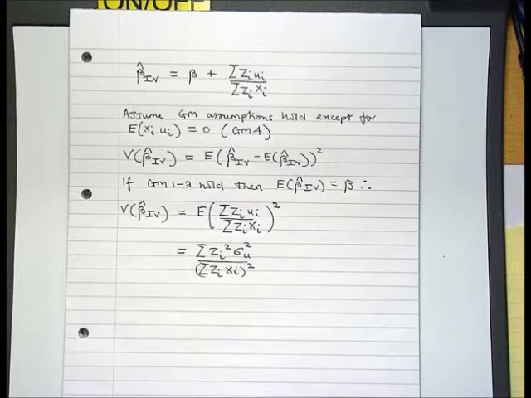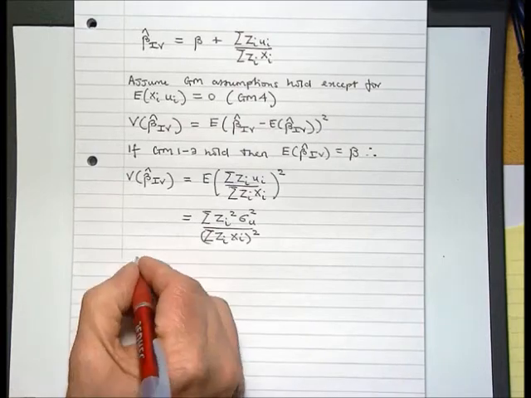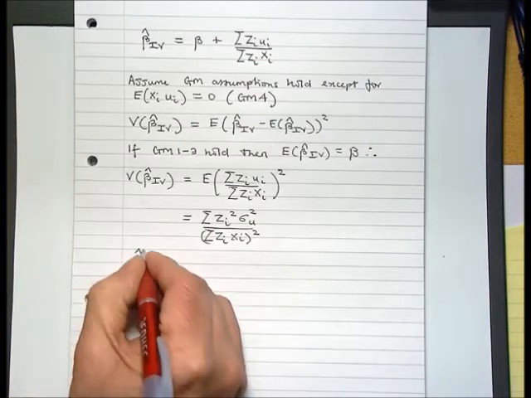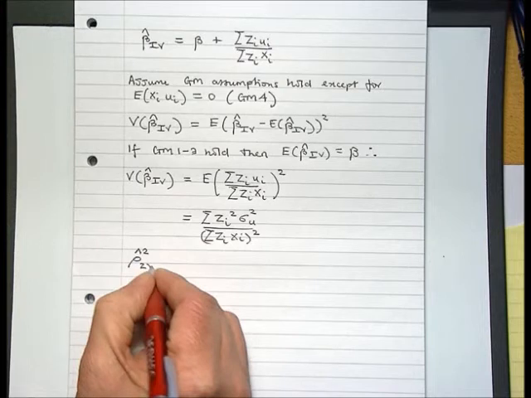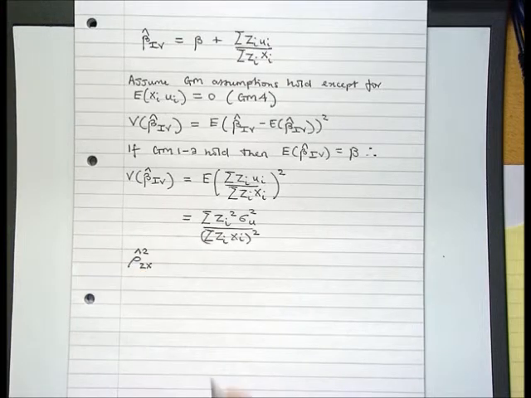Okay. Now, let me remind you of something from your first year stats. What I want to remind you of is the formula for the correlation coefficient between two variables. And in particular, what we need here is the square of that correlation.